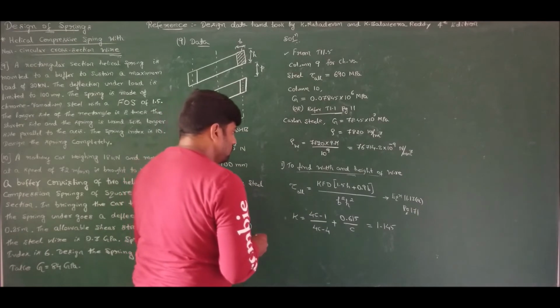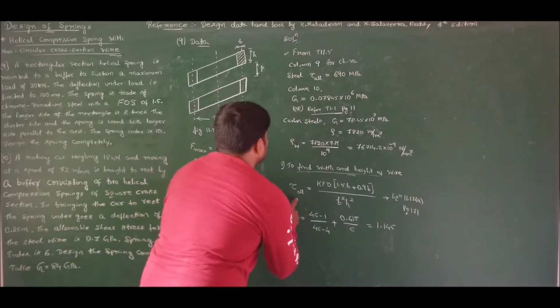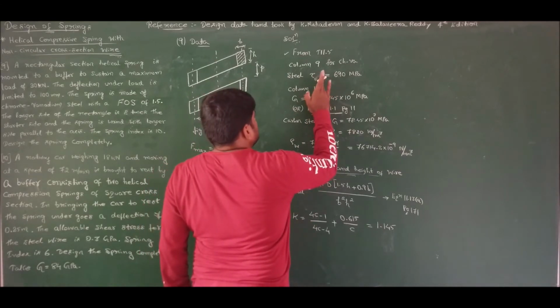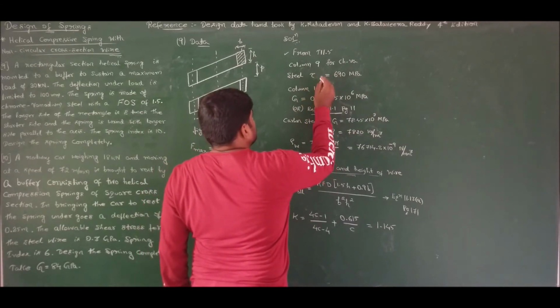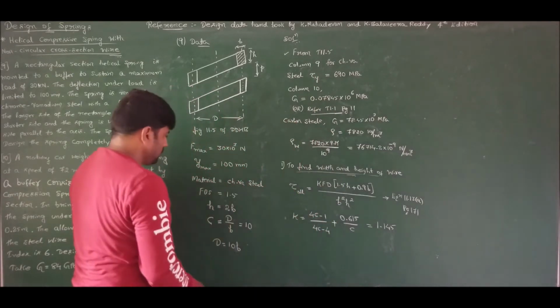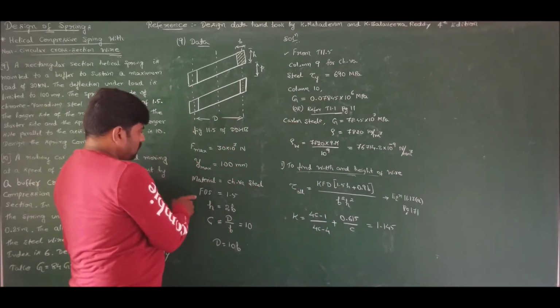So now we know all the values. If I substitute and solve, I'll get allowable shear stress. Sorry, this is yield shear stress, so allowable is yield by factor of safety. Factor of safety is 1.5.